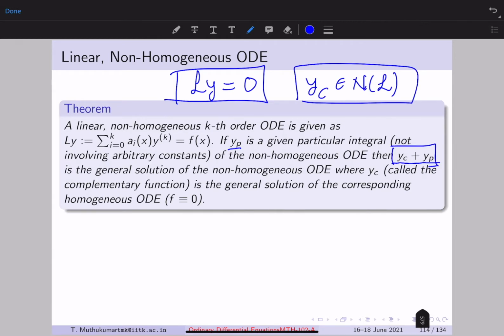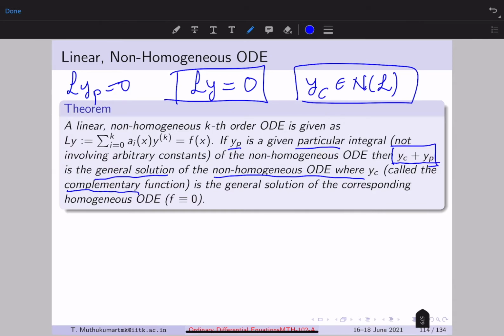That is the general solution of the non-homogeneous ODE. There is a name attached, which is why we have used the subscripts yc, yp. For the particular integral, you call it yp, which is the one solution of Ly equal to f, and yc is the complementary function, c denotes the complementary function.